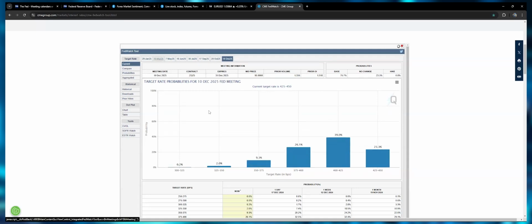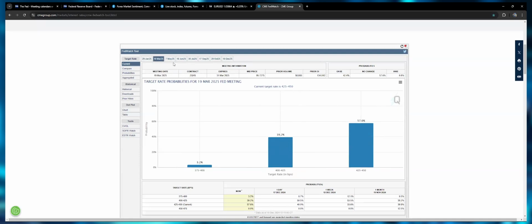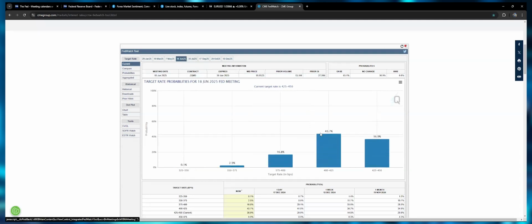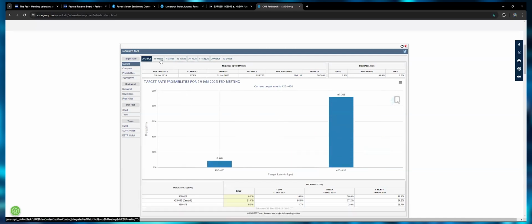So basically, they're predicting only one cut, not even in May, in June. Yes, it's in June. So first quarter, no cuts. Second quarter, we may have a cut. Why is that? Well, let me show you.